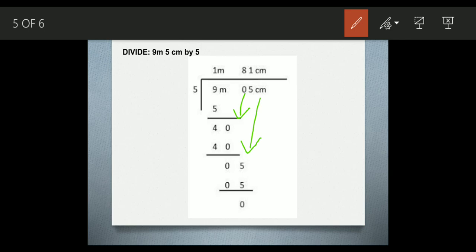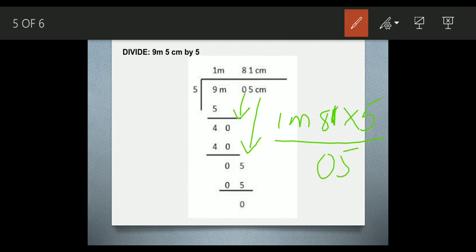Suppose you want to check whether your answer is right or wrong. There is a method to verify. Take the quotient you got. My quotient is 1 meter and 81 centimeter, right? Just multiply it with the divisor. What is the divisor I have here? 5. Just multiply. 5 ones are 5, 8 5s are 40.